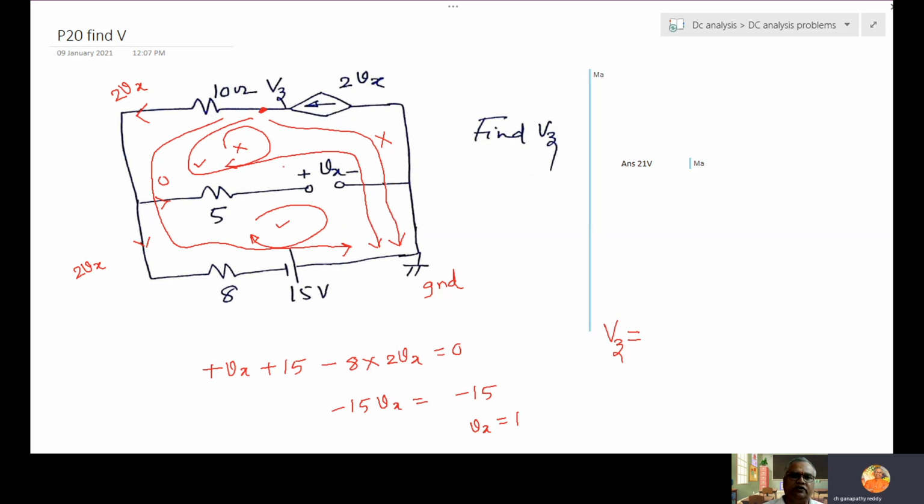So if I select this one, Vz equal to 10 into 2Vx, then the drop is 0 anyway, plus Vx. So 21 Vx. And Vx is anyway 1. So the answer is 20.